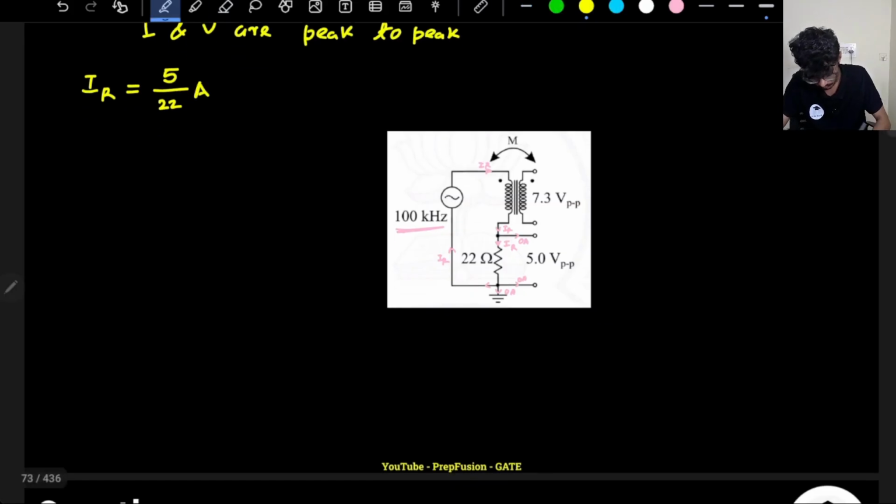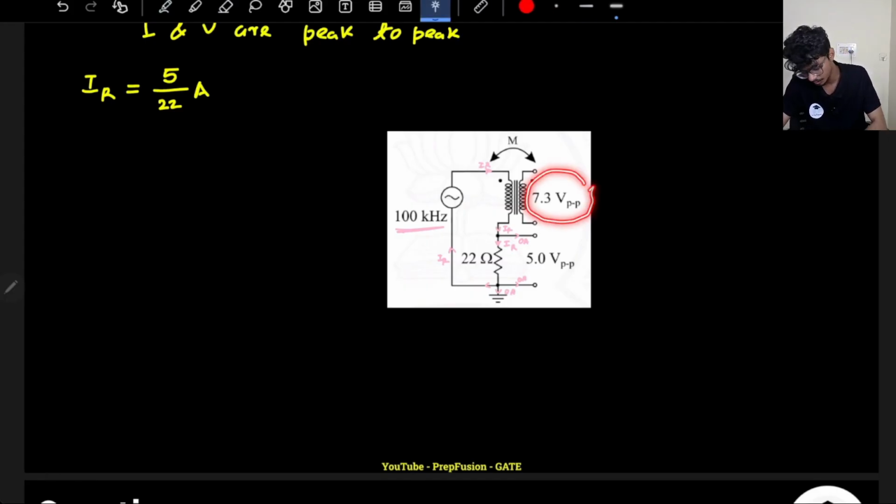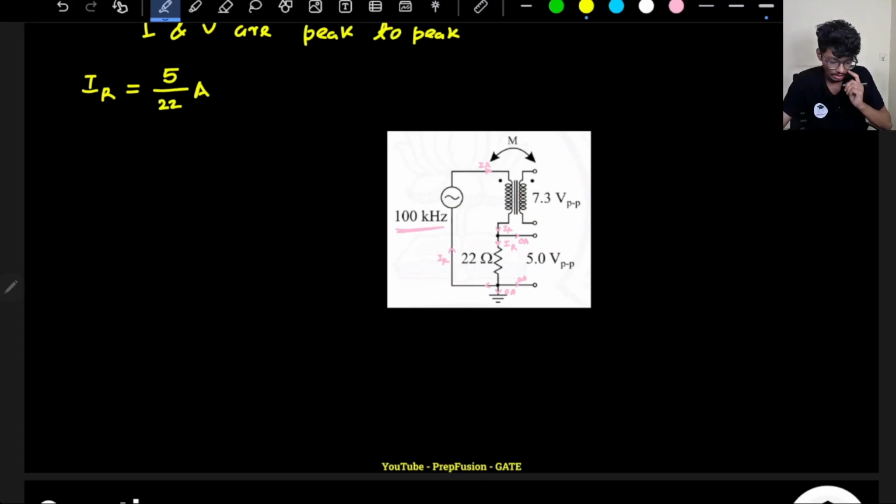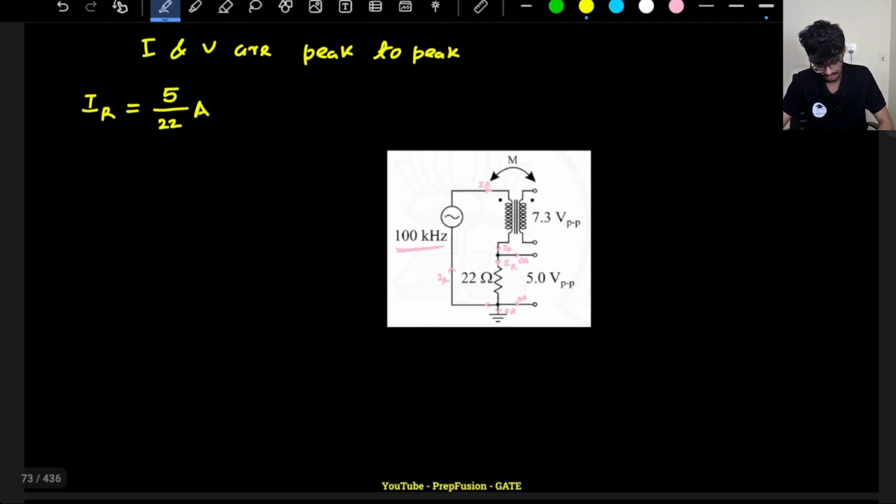Okay, what do I know? They're telling me that I'm observing 7.3 volt across the secondary. How can I observe a 7.3 voltage across the secondary? How is it possible? Basically a voltage transformation is happening.